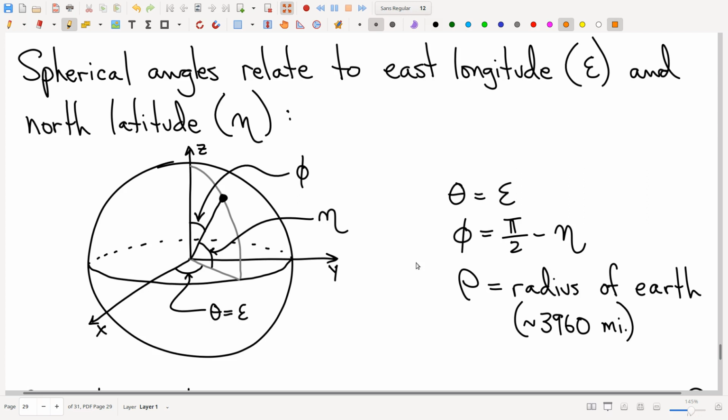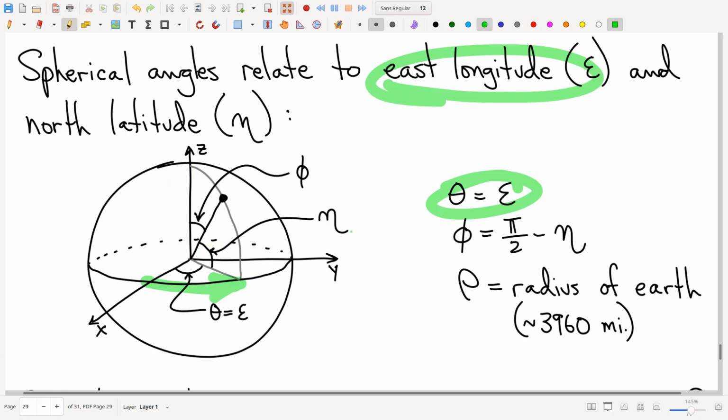If you take your Earth and put the center at the origin, and put the equator in the XY plane, North Pole up on the Z-axis, prime meridian in the positive part of the XZ plane, set up in the most convenient, natural way, then with that setup, notice east longitude is exactly theta.